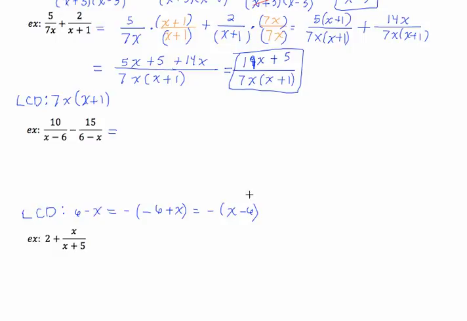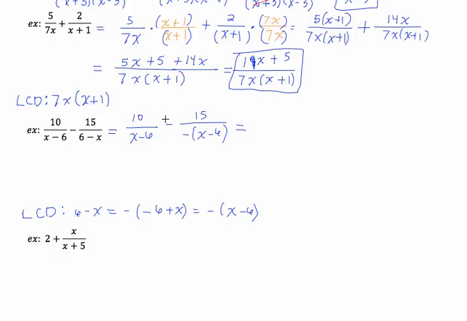Okay, because negative 1 is easy to play with, I'm going to rewrite this one a little bit. 10 over x minus 6. Now this denominator, let's just rewrite it how I rewrote it down here as the negative of x minus 6. Now to get a common denominator, I could multiply the first fraction by this negative 1 over itself, or I could just simplify it as is here.